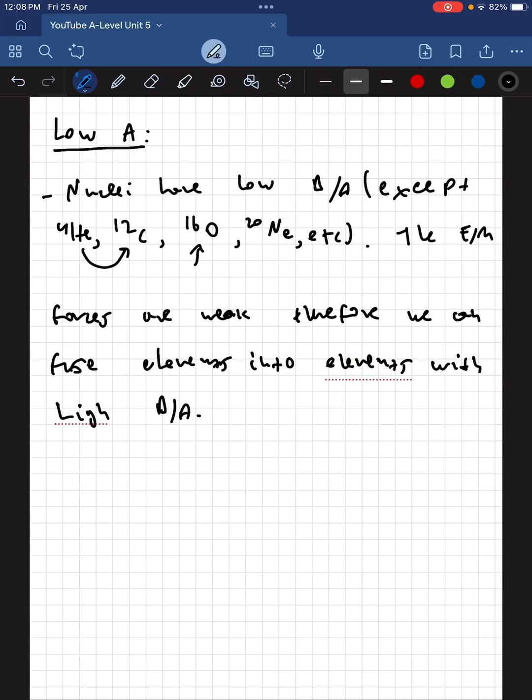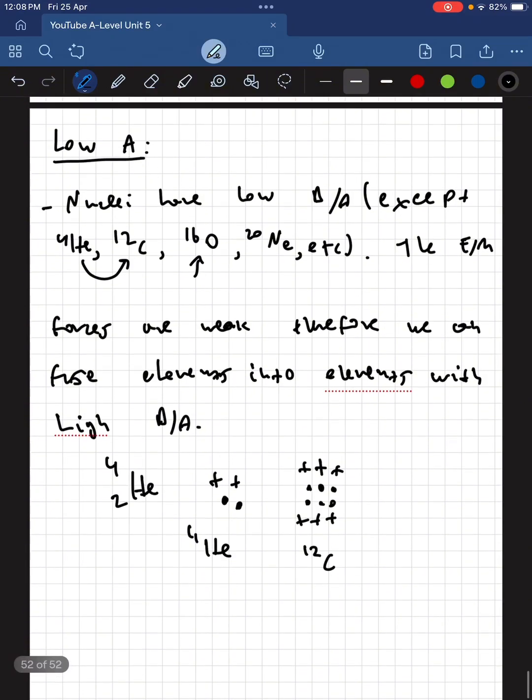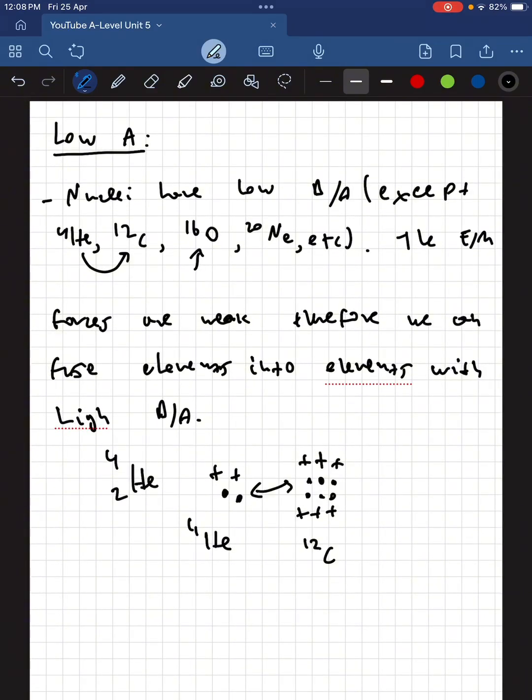What I mean by that is, for example, if we have helium-4, it has 2 protons, so you will have 2 positive charges. And if we want to fuse it with, say, carbon-12, we will have 6 positive charges. So this is helium-4, and this is carbon-12. You have an electrostatic repulsion, but you can still push through it to form oxygen-16.